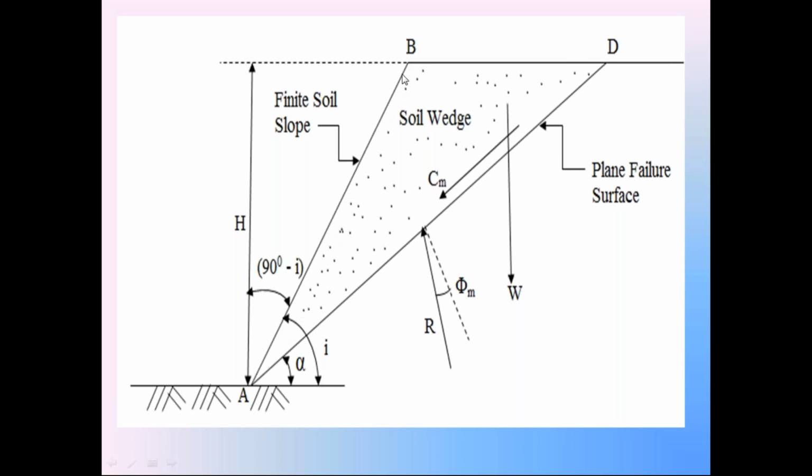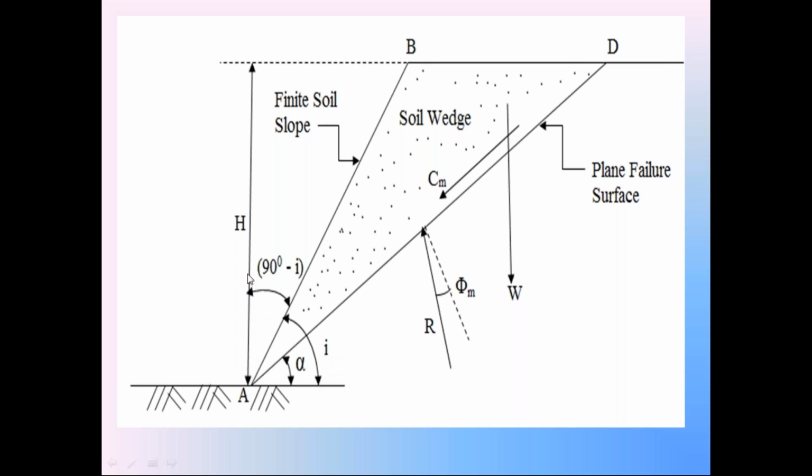This is the side slope of either an embankment or a canal or even an earth dam. In the diagram, AB indicates the finite side slope with horizontal. That finite side slope AB makes the angle I. I is the angle made by the finite side slope AB with horizontal.